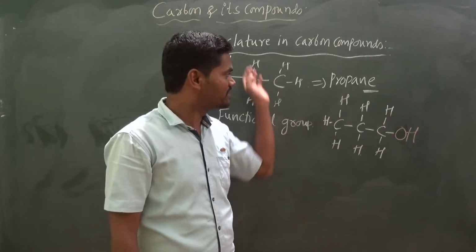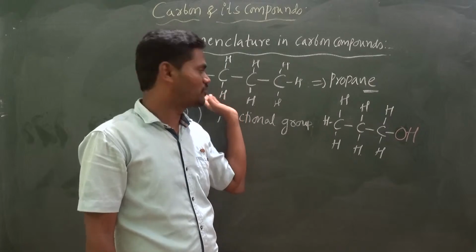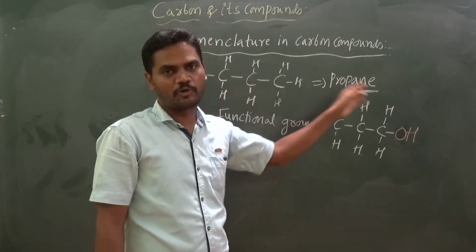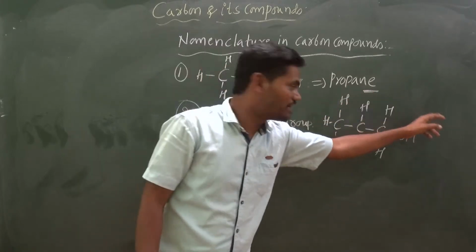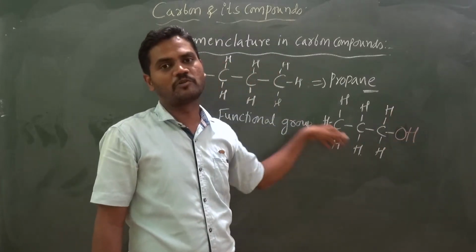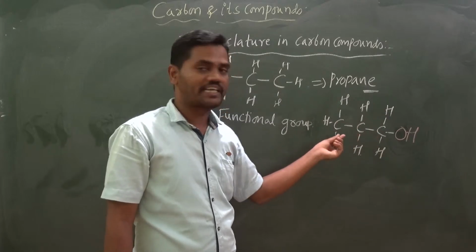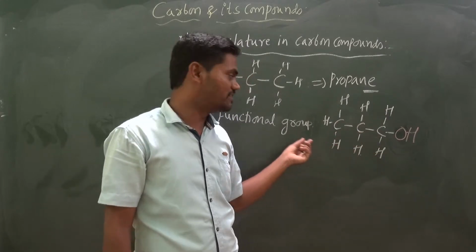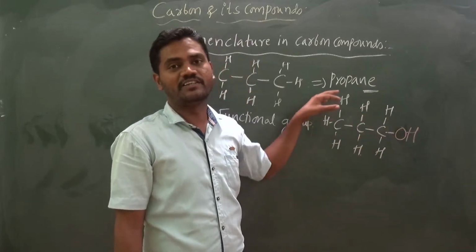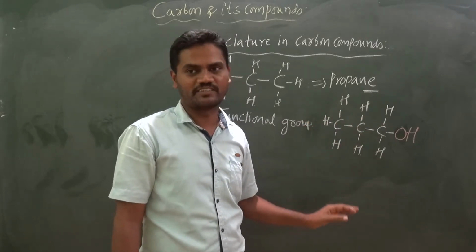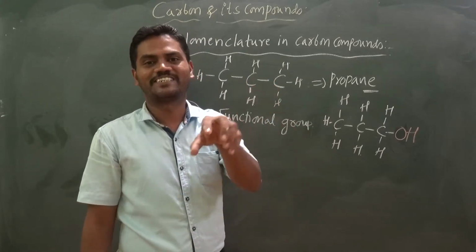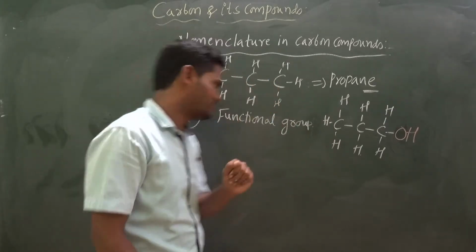If nothing is given, it is one of the simple saturated hydrocarbons, so you can name this one propane. If CHO is there, definitely it is an aldehyde. If C double bond O is given, definitely this organic compound belongs to the ketones. If COOH is given, definitely it belongs to the carboxylic acids. So you should also see which functional group is present on that compound. That's important. Then the third one.